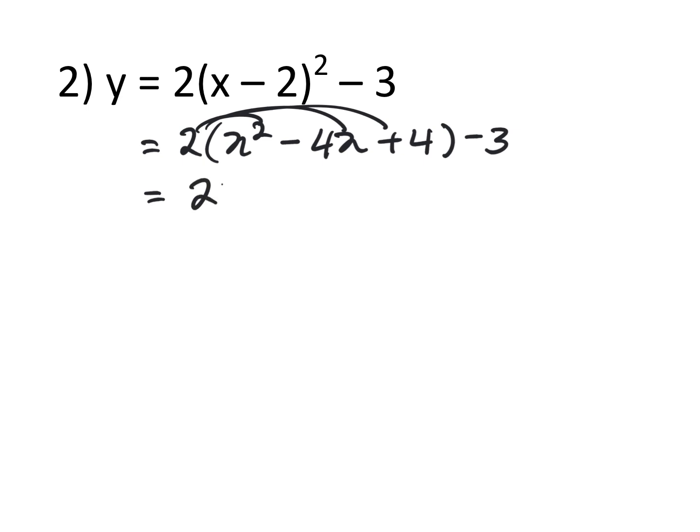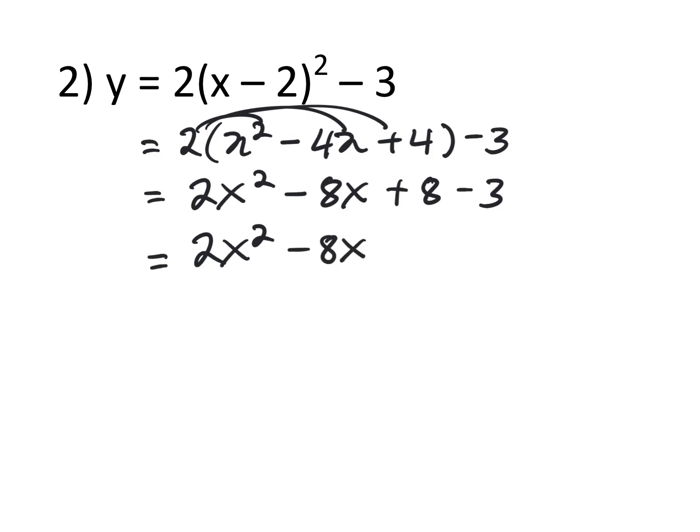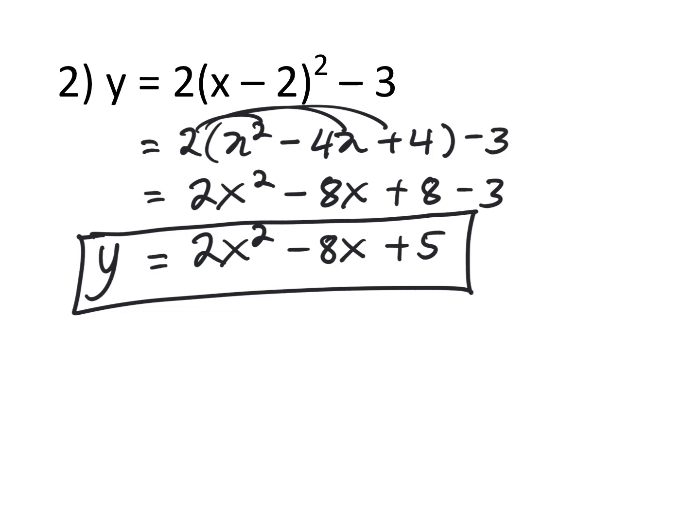So this is going to give you 2x squared minus 8x plus 8 minus 3. So to convert this one, your answer now in here is going to be 2x squared minus 8x and then plus 5 only. 8 minus 3 is 5. Okay, so this is going to be our answer in here.